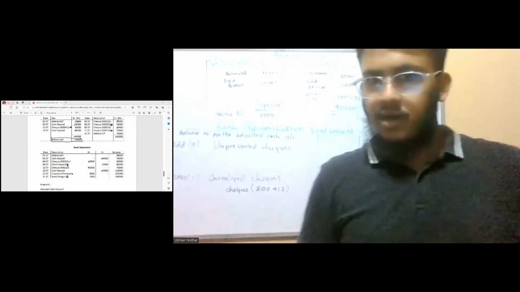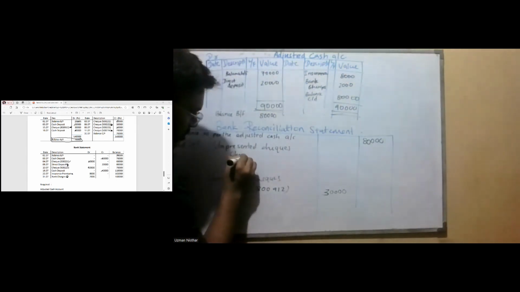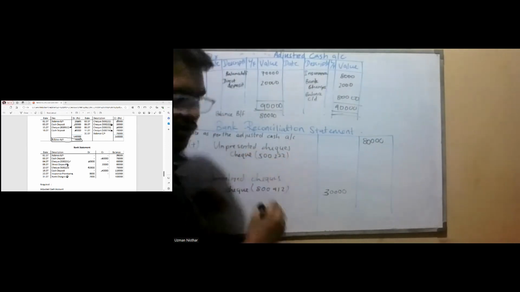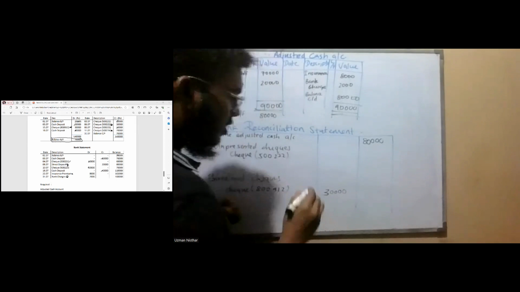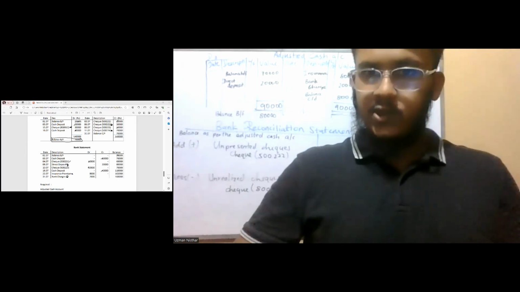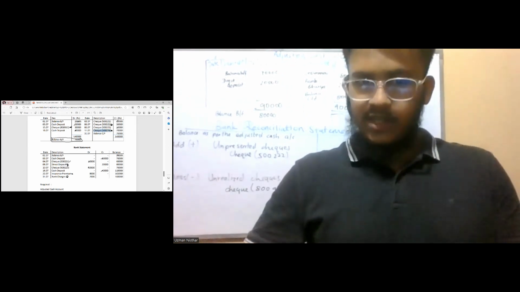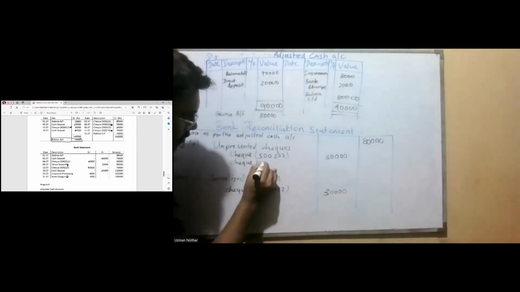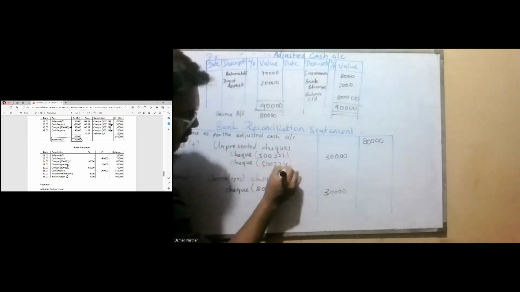And moving to the credit side, check number 500222. What's the value? It's also 30,000. We record that. Also, we have another check here. This check is also an unpresented check because we don't have this value in the bank statement. So we record that again. Check 500224. The value is 20,000.